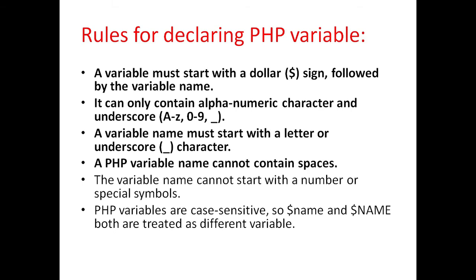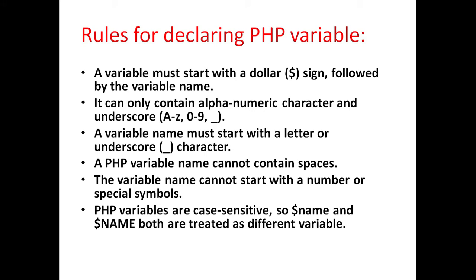A PHP variable name cannot contain spaces. The variable name cannot start with a number or a special symbol. PHP variables are case sensitive. So, $name in small letters and $NAME in capital letters are treated as different variables.